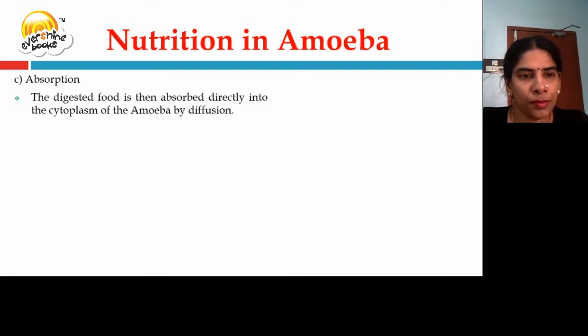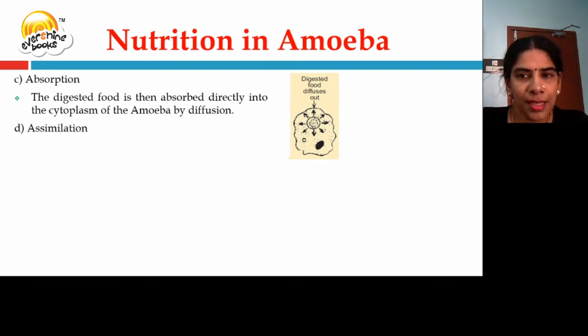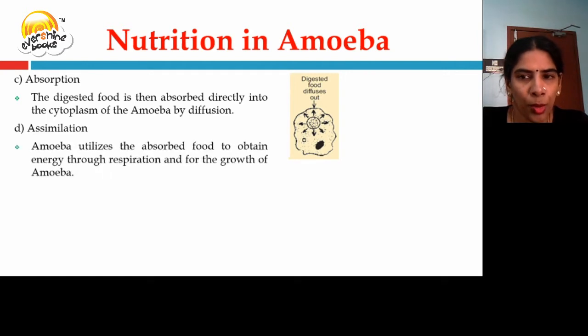Absorption. The digested food is then absorbed directly into the cytoplasm of the amoeba by diffusion. Assimilation. Amoeba uses the absorbed food to obtain energy through respiration for the growth of the amoeba.